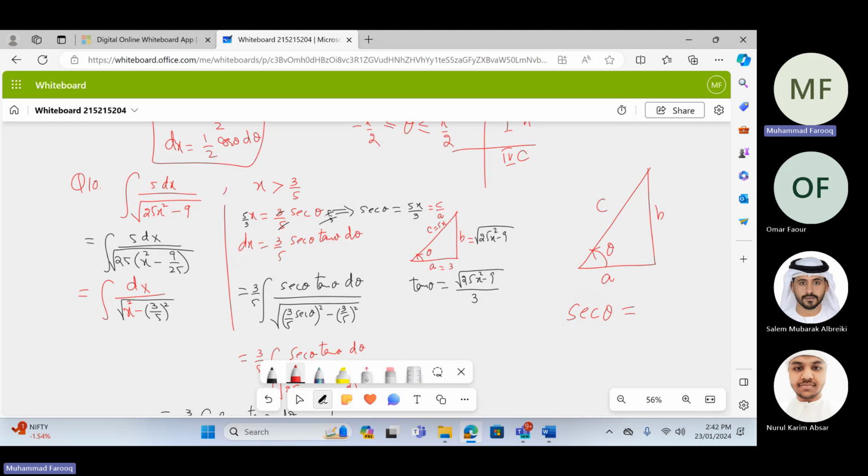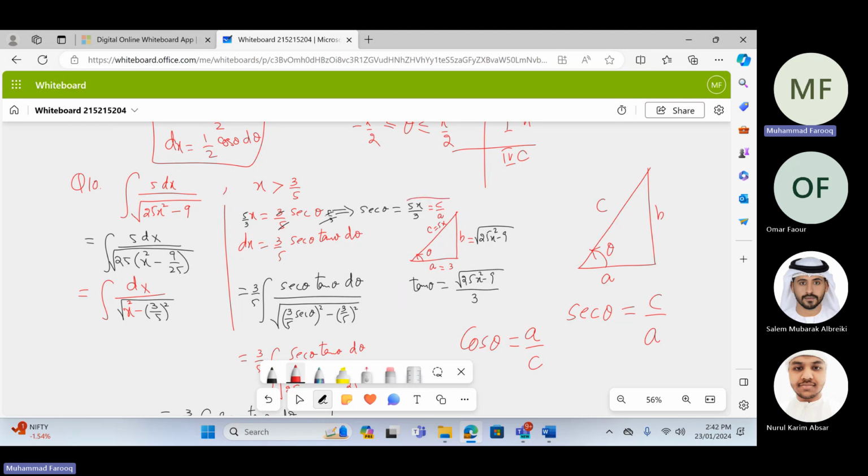Secant is basically the reciprocal of cosine. Cosine theta is A over C, so secant is C over A. We know very well secant theta is C over A.